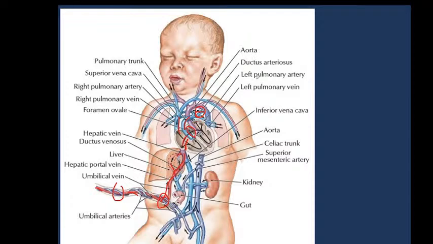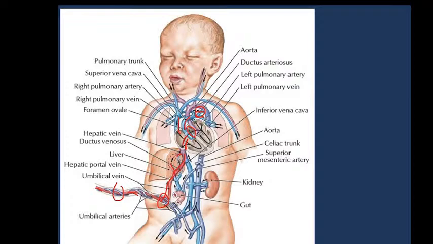This is a small and short vessel, which we sometimes call the Botallo's duct. This connection helps the blood not to come to the lungs, but directly into the great circuit, because the small circuit during the fetal period doesn't work at all.